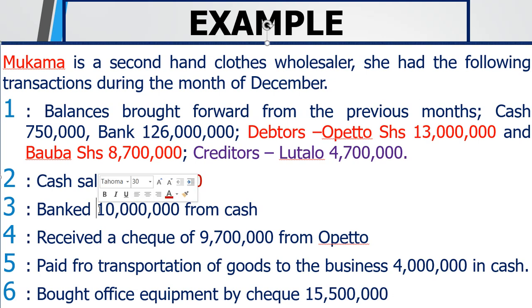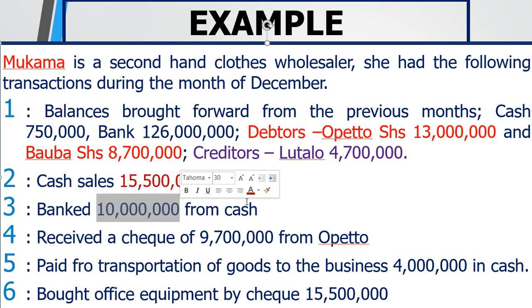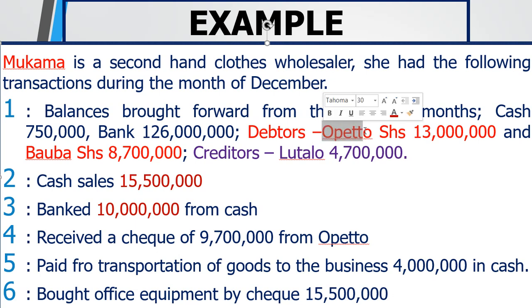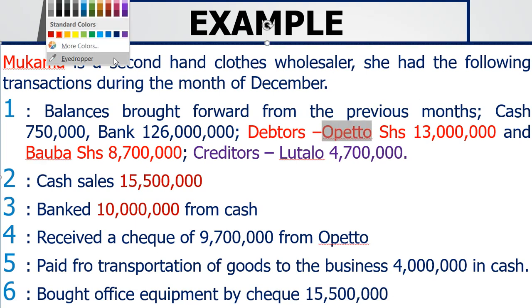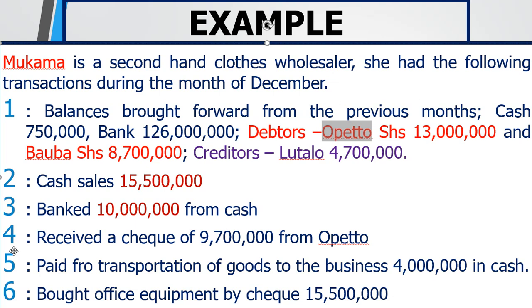Then there is another transaction that happened on the 4th. They received a check from Opeto. You remember we had Opeto among our data here. So on the 4th, Opeto paid by check 9.7 million.